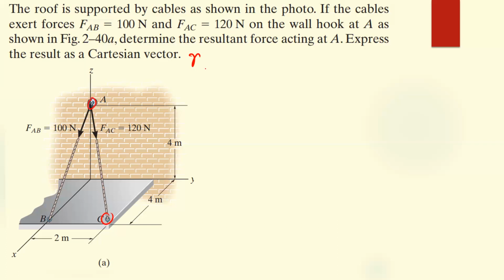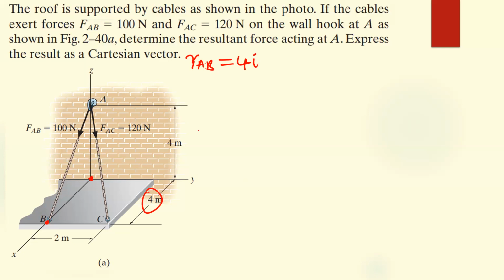Let me start with AB. The position vector for AB is going to be, in the X, we're just moving from that point to that point, and this distance has been given to be 4. So we say this is 4i.